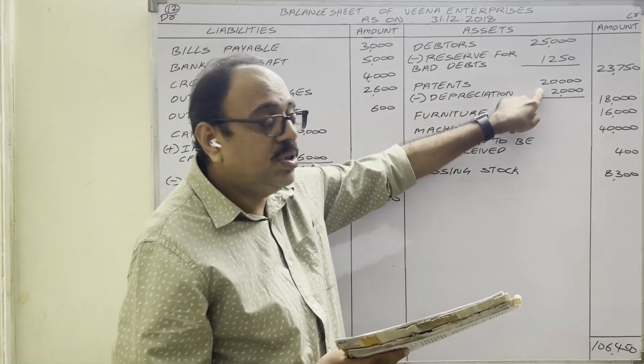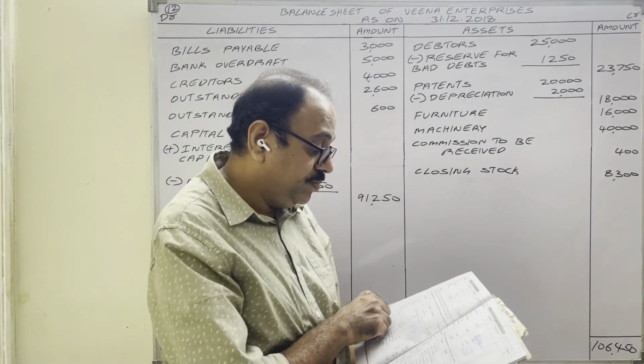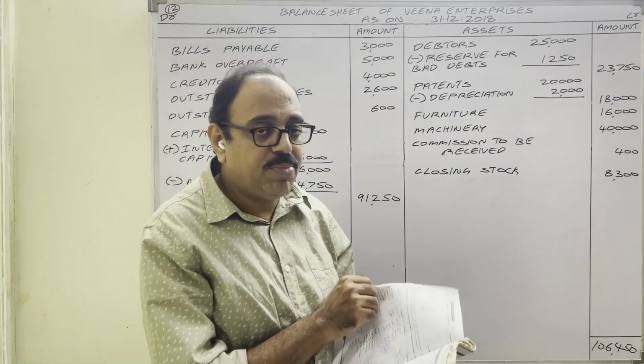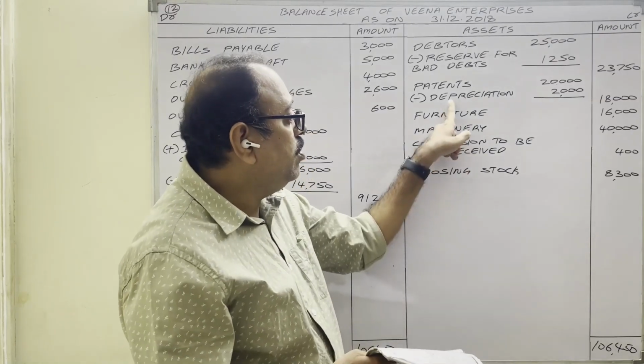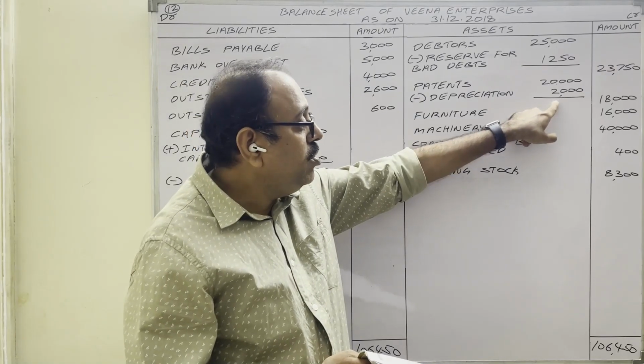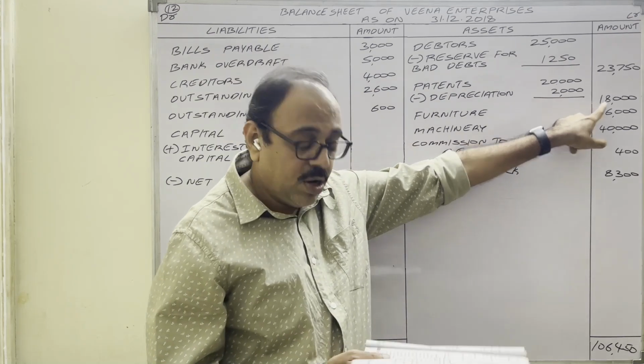Depreciation is given now, therefore amount in inner column. Adjustment number 3, depreciation on patents 10%. We should subtract. Depreciation amount we have calculated in the profit and loss account, 2,000 came. That amount you subtract from patents. Remaining amount 18,000 in outer column.